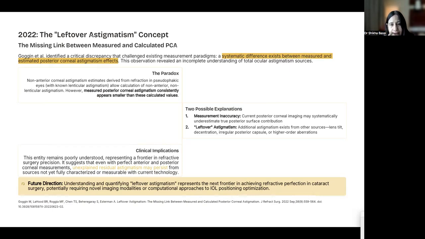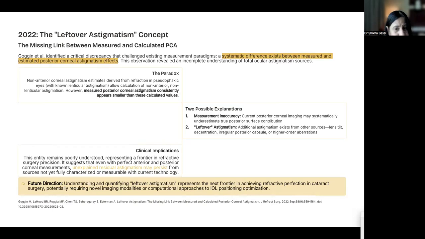You try to calculate the posterior corneal astigmatism by using the refraction that gives us the anterior corneal astigmatism, and we have the known power of the IOL. So you can calculate the posterior corneal astigmatism, and that value is supposed to be consistently more than the measured posterior corneal astigmatism. So that means that there is a leftover astigmatism that we don't know where it's coming from.